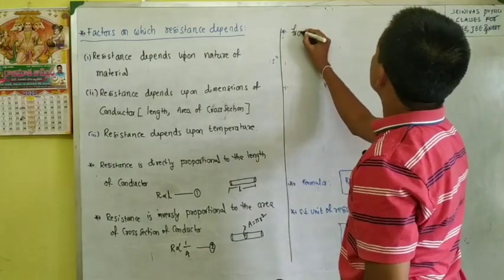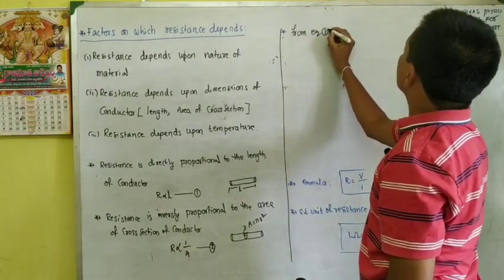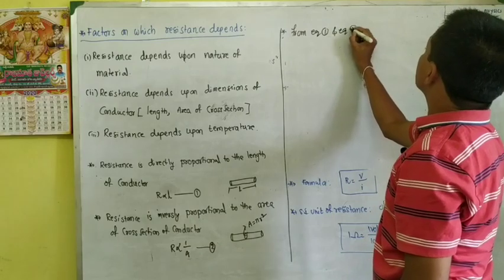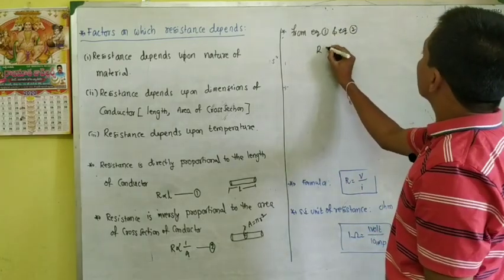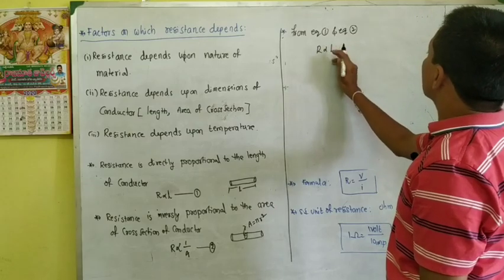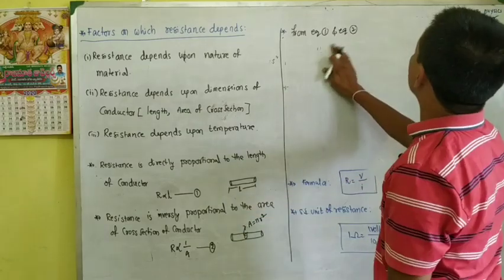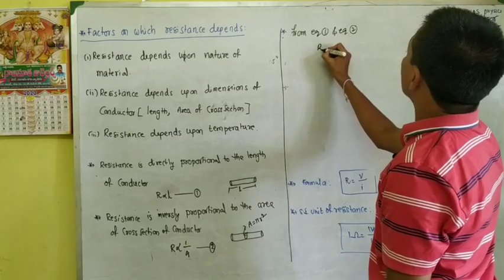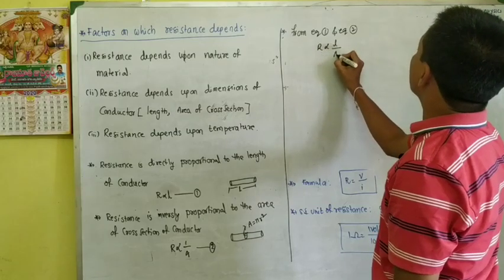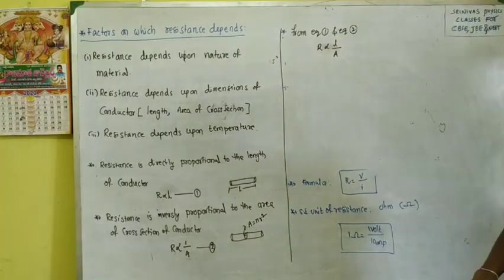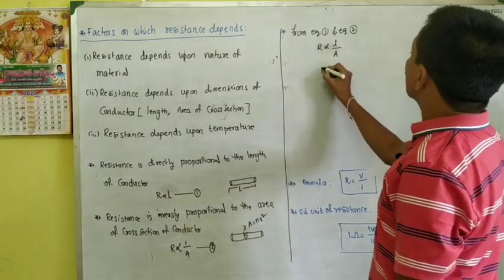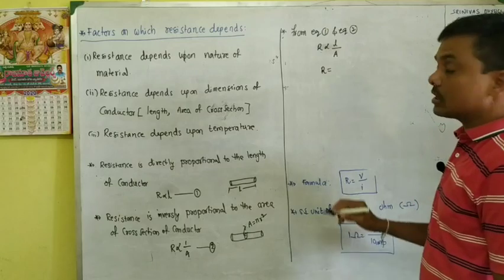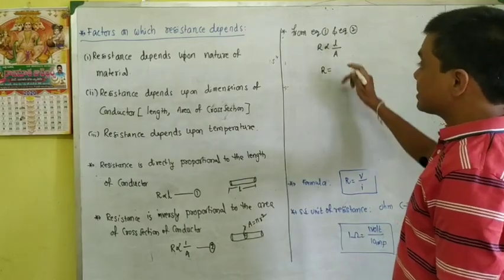From equation 1 and equation 2, R proportional to L and R proportional to 1 by A. When we combine these two, we get R proportional to L by A. Listen to my pronunciation carefully.